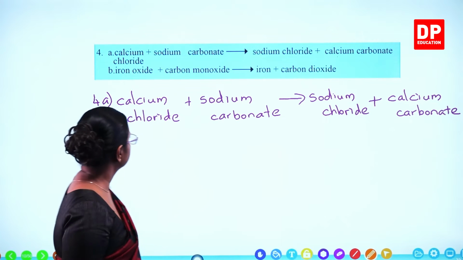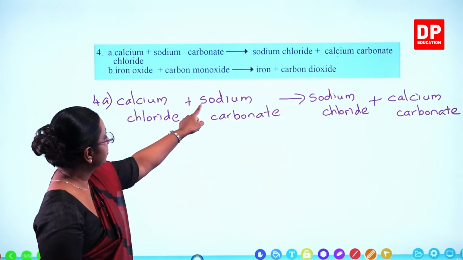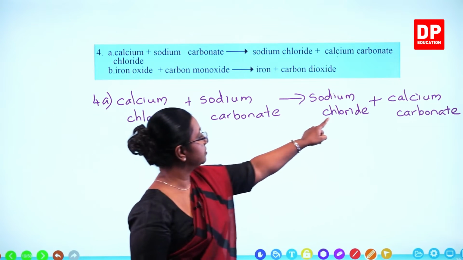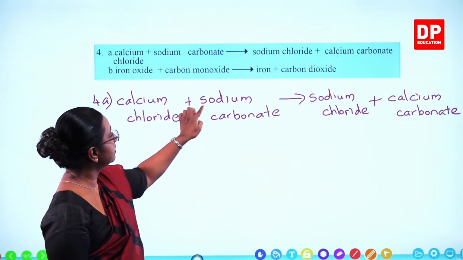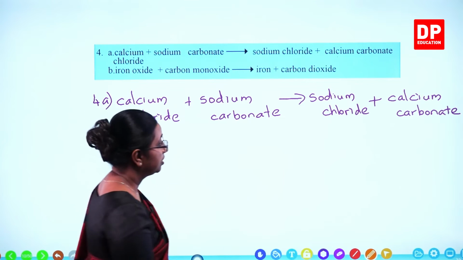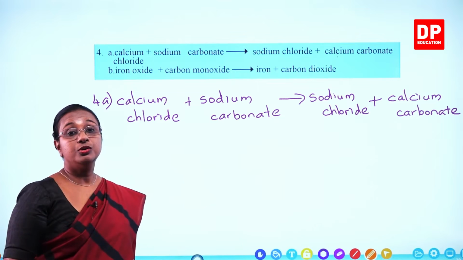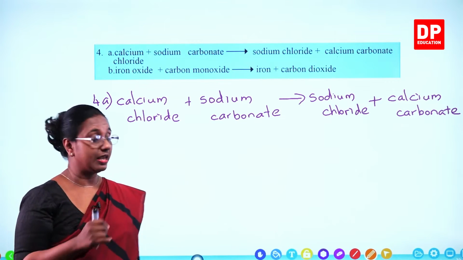So there are students, calcium chloride, sodium carbonate. So sodium displaces calcium and combines with chloride, so sodium chloride. Same way calcium displaces sodium and combines with carbonate. So calcium carbonate. There are two displacements. So it is a double displacement reaction.